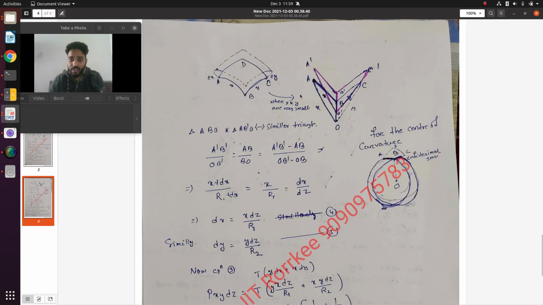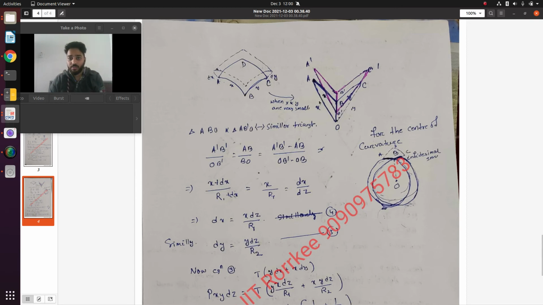So you can see when AB is very small, we can treat it as a straight line. This is AB, and just below B, O is the center of curvature for AB and AC, and BC is also a straight line. So ABO is a triangle for our initial surface. For our expanded surface, A prime, B prime, C prime, D prime, A prime B prime is a straight line, very small.